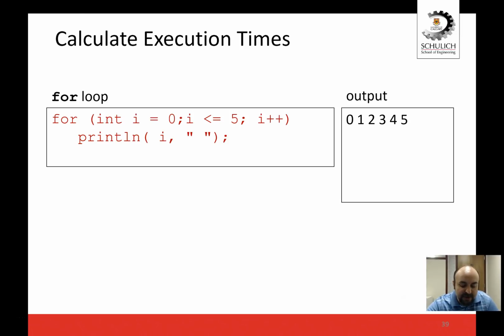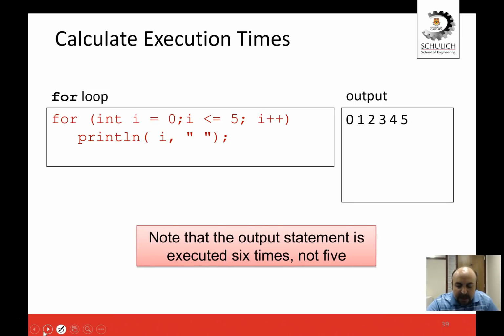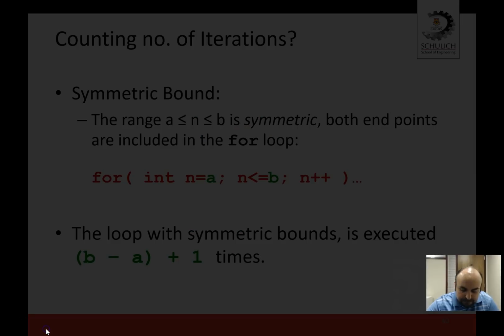So this actually runs 6 times. This is quite important, so make sure you account for the equal sign here. If the equal sign wasn't there, what would be printed was 0, 1, 2, 3, and 4.